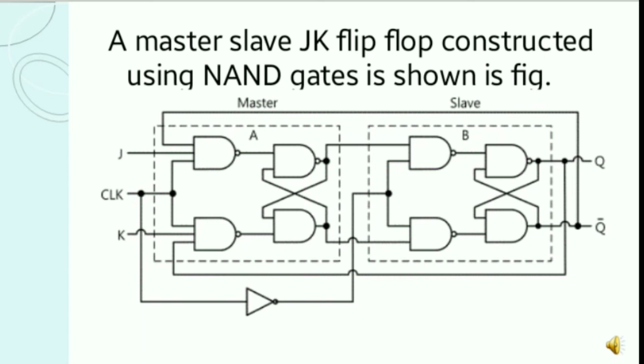So it is also called a master slave JK flip-flop constructed using NAND gates. Sometimes it may come in exams to draw.